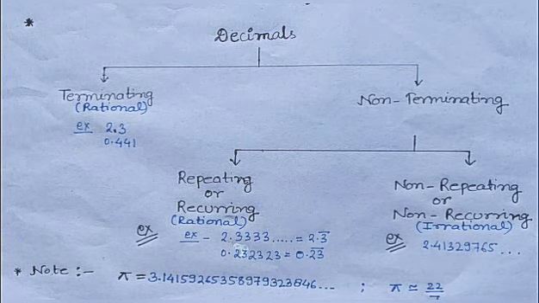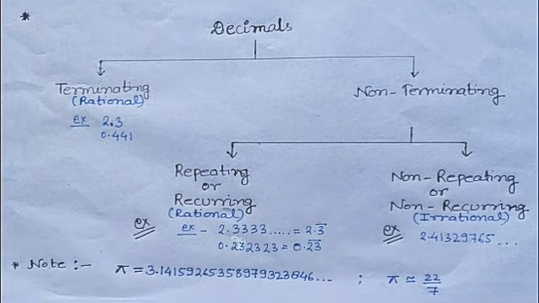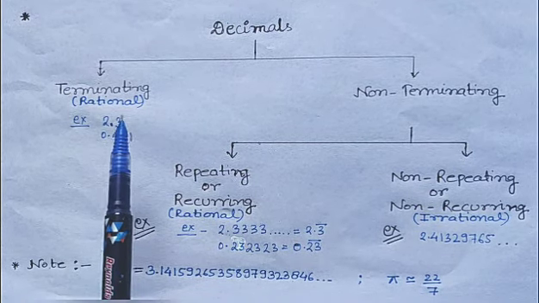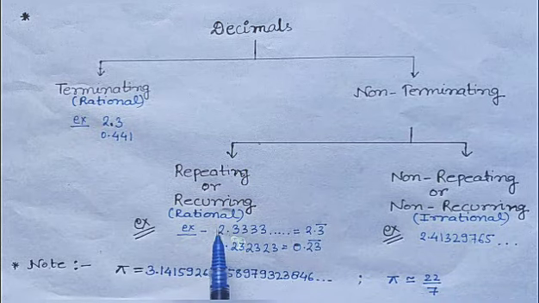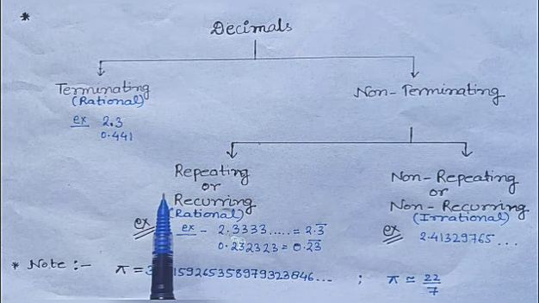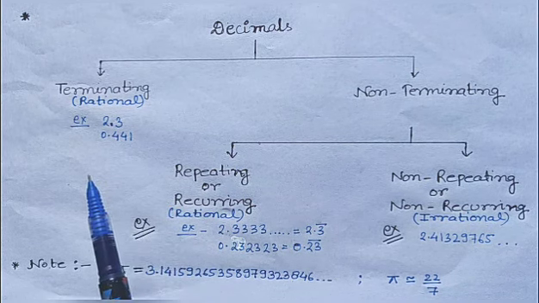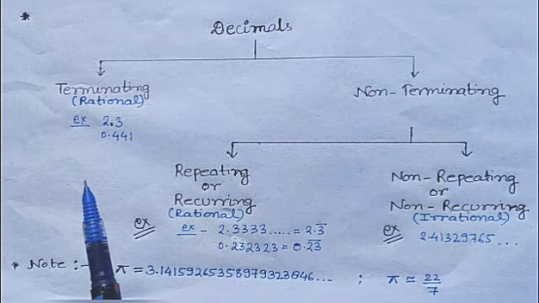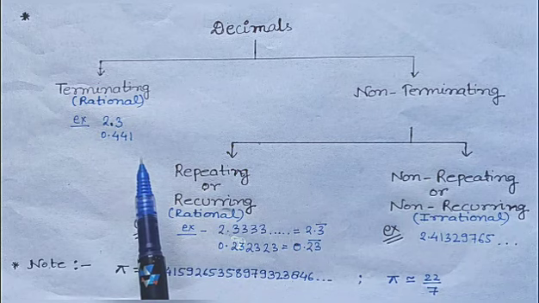One more thing, in part 1 also I told you that this terminating type of decimal and this repeating or recurring type of decimal can be represented in the form of p by q. The numbers which can be written in the form of p by q, where q should not be equal to 0 and p and q are integers, is the definition of a rational number.